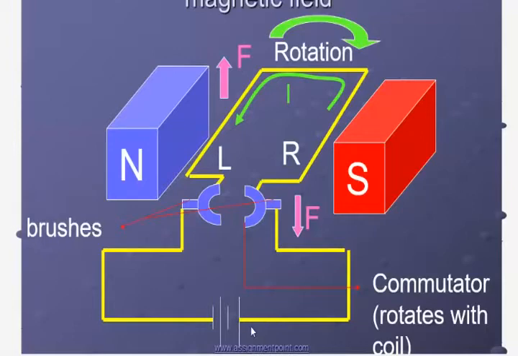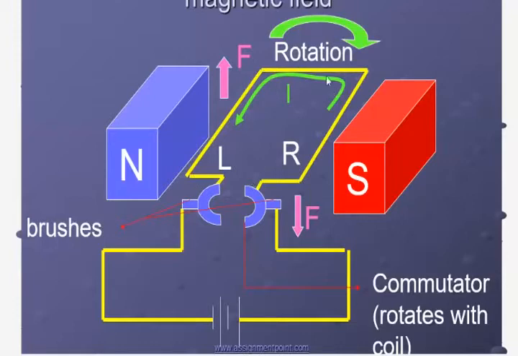So the electrical supply from the external circuit to this coil is made through this contact, the carbon brush and the commutator ring. So as current passes through this coil, this is the longer arm, this is the longer arm, and this is the shorter arm, the width of the rectangular coil.